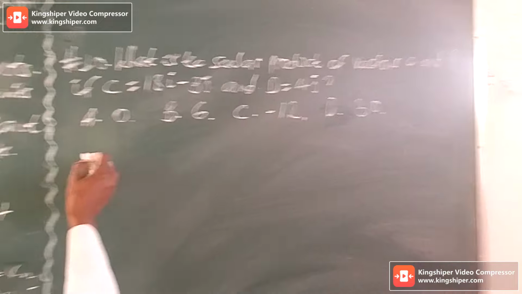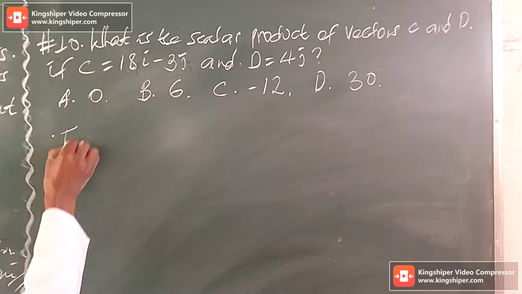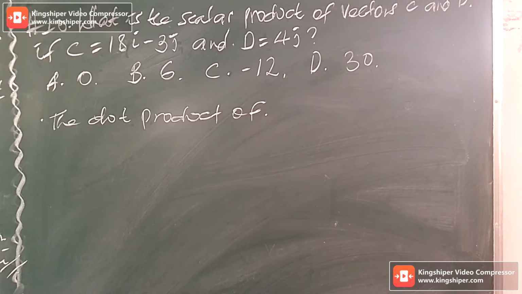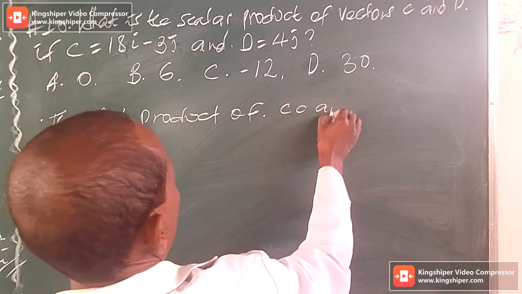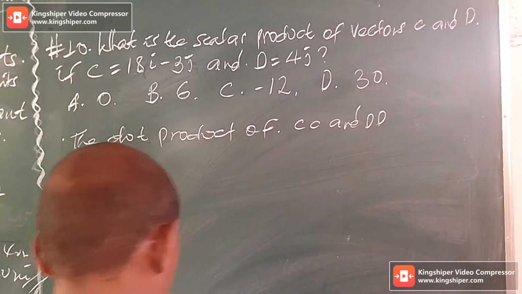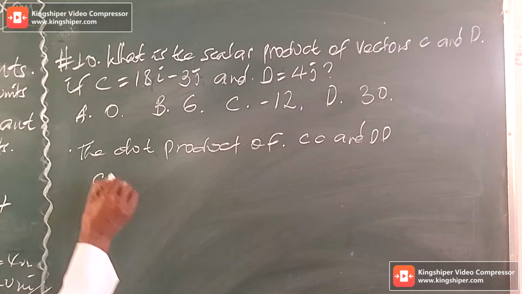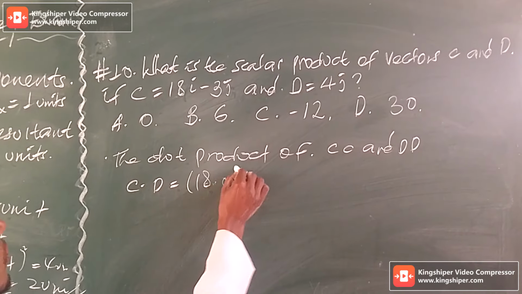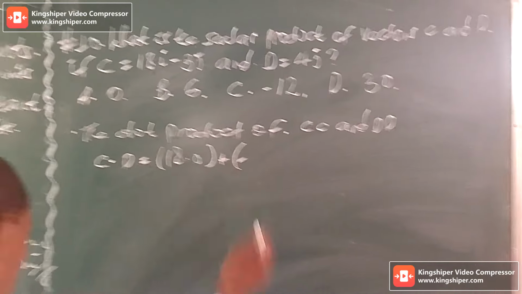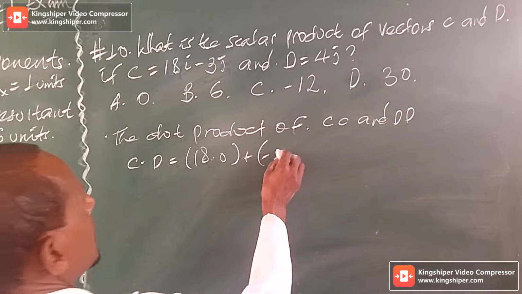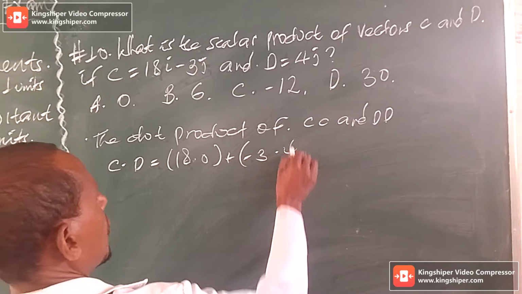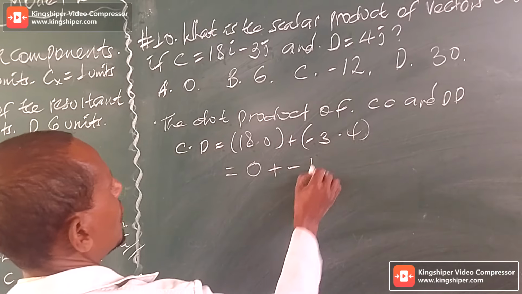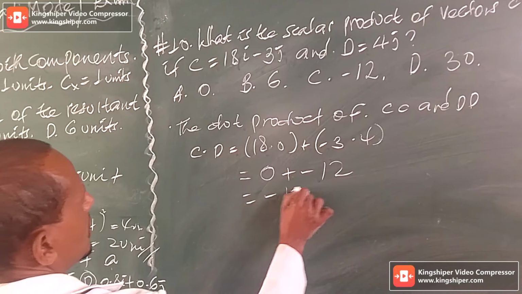and D is equal to 4 j direction? From the given, the dot product of C and D is calculated as follows. C dot D is equal to 18 times 0 plus minus 3 dot 4, which is 0 plus minus 3 times 4, 12, which is 0 plus minus 12.